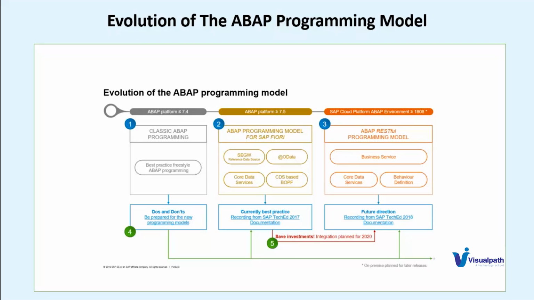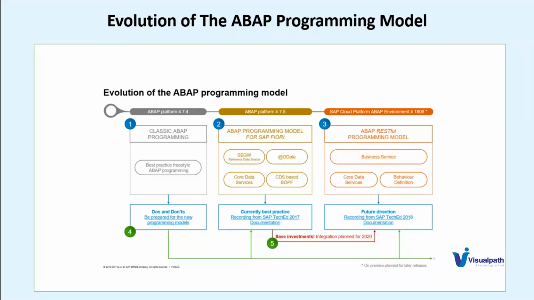If you see the ABAP platform less than 7.4, we used to have classical ABAP report programming, function modules, RFCs, correct? And after this, in 7.5, we had OData services and CDS views. And then the new thing in the cloud is RAP, right?